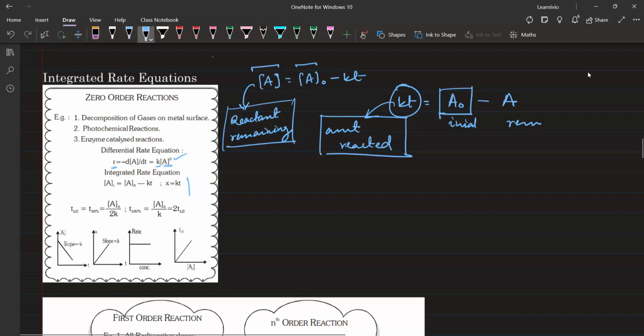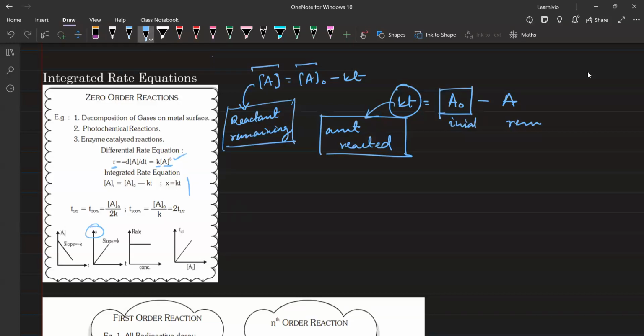Now, when you look at the graphs, the first graph is between the concentration and time. Concentration will decrease as the time increases because more and more reactants are getting reacted. Then X is the amount that is reacted. As the time increases, the amount reacted will increase because the reaction is happening.